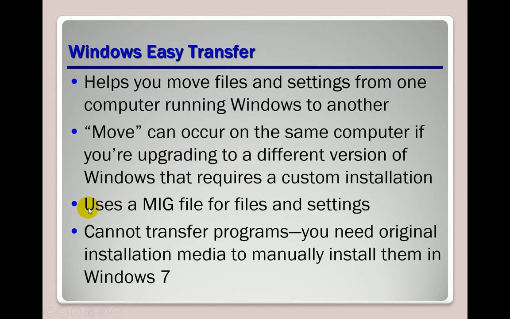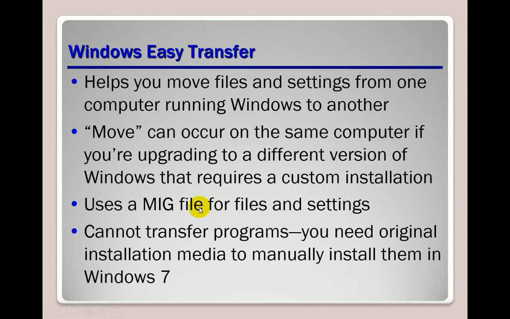Alright, the way this works is it uses these MIG files. You don't need to necessarily know the details of this, but what it does is it copies all the information to a particular kind of file, either on a network location that's accessible from the Windows XP computer, or more likely what you'll do is you'll copy those to a removable hard drive that has enough free space on it to store all the files and the settings.